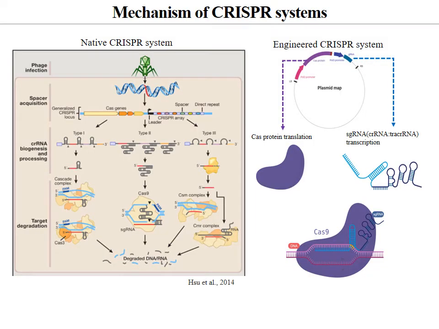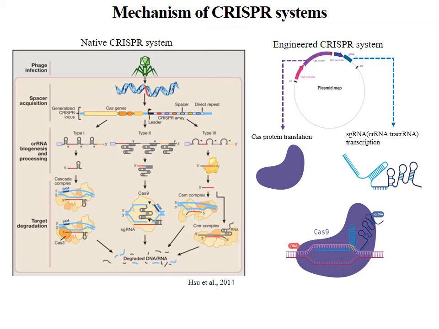So yeah, the CRISPR-Cas system comes from the prokaryotic defense mechanism. Actually, when a phage or other virus attacks bacteria, they insert their DNA fragment into the bacteria cell, and the bacteria express the CRISPR array and Cas protein, generate the matured guide RNA and Cas protein, and that cleaves the invaded DNA or RNA.